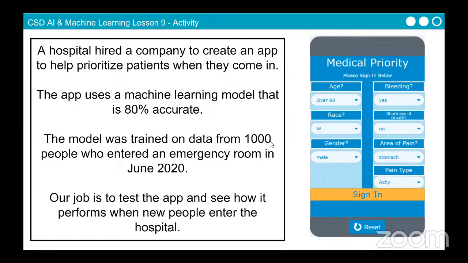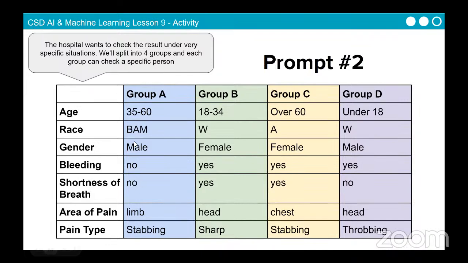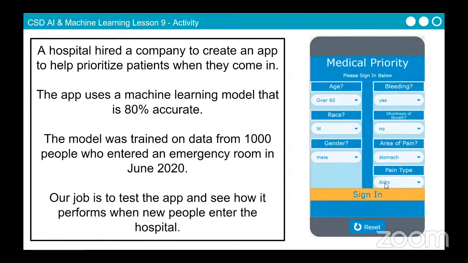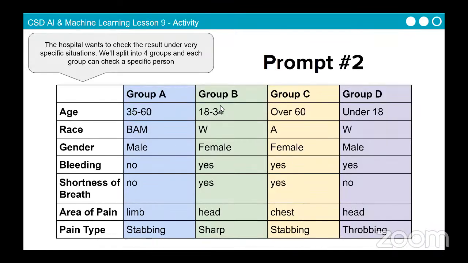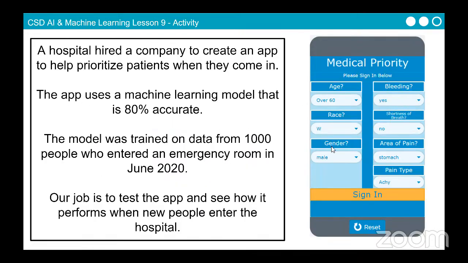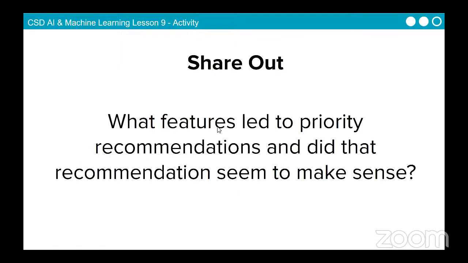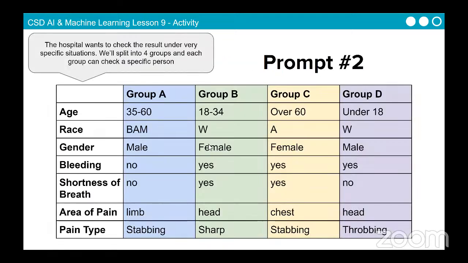Use this data to find what you have and see what actually is the result. If gender is male, you put male there as gender, and then you find the result. Is it bleeding? You fill in the details and then find the result. Let me know what the result is.